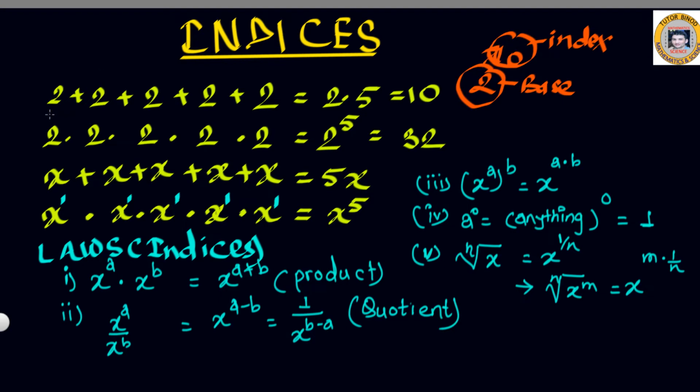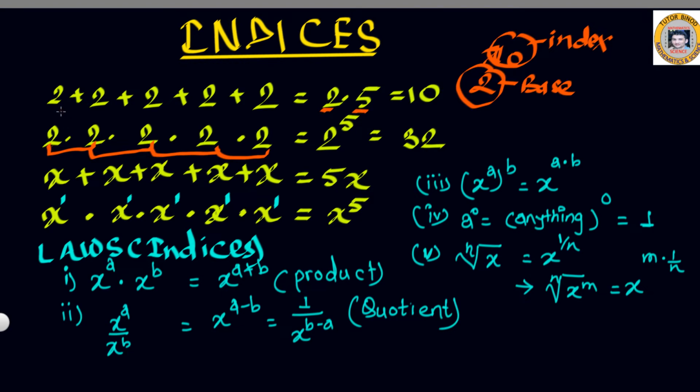If we want to add 2 plus 2 plus 2 plus 2 plus 2, 5 times, then we would get 10, which can also be written as 2 times 5. But if you want to multiply 2 times 2 times 2 times 2 times 2, it is equal to 2 to the power 5.